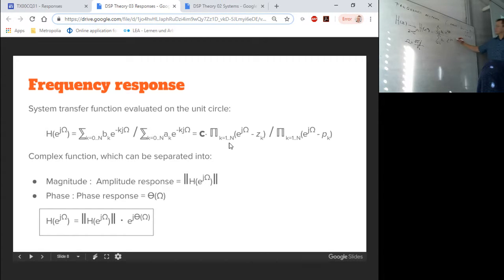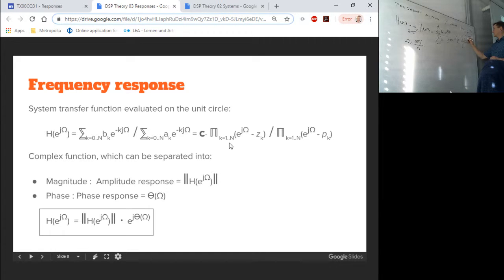All right. But then things get a little bit more interesting, at least for me. If you take a look at this other form, which has the zeros and poles in it, this product form, you have z minus zk.